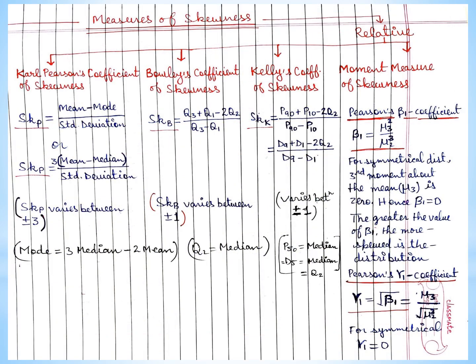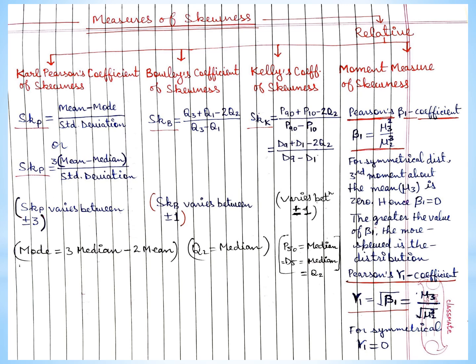Now come to relative measures of skewness. So what are relative measures of skewness? Relative measures of skewness are used when we have to compare two data sets which are expressed in different units. And relative measures of skewness are pure numbers.